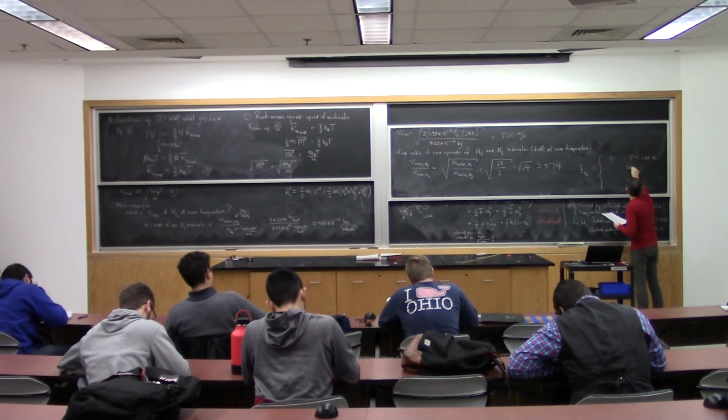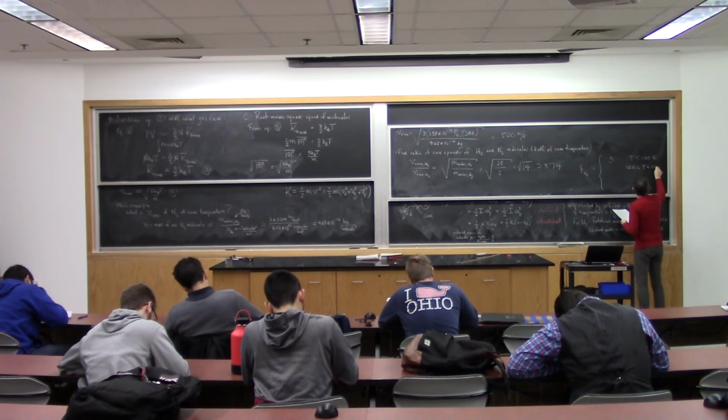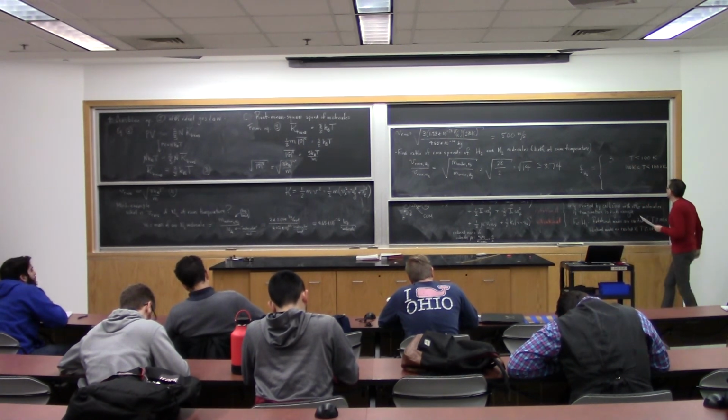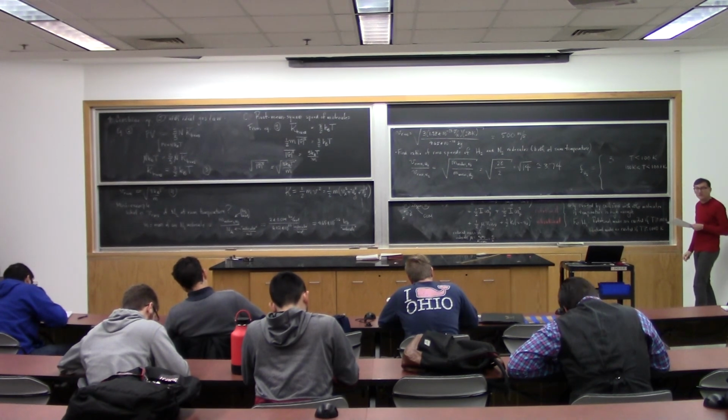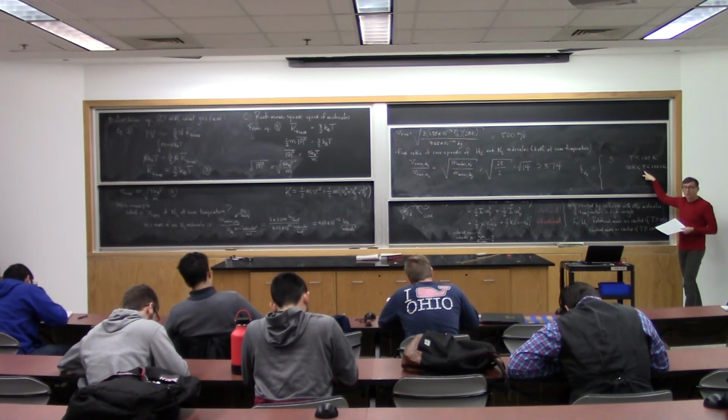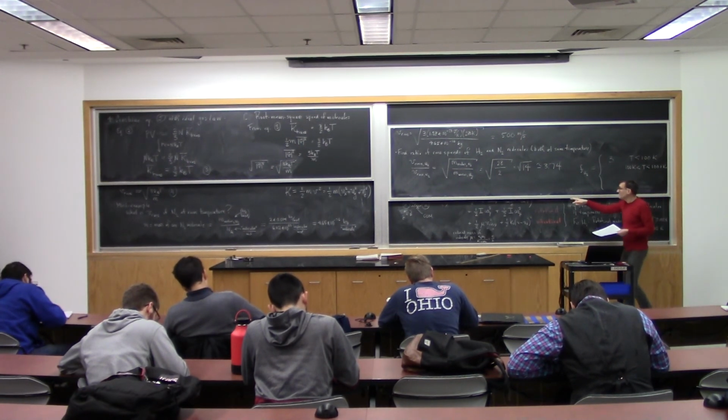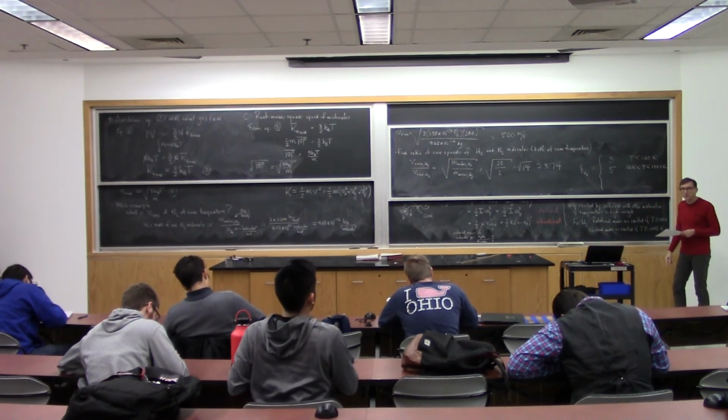If your temperature is between 100 Kelvin and 1000 Kelvin, it's a pretty broad temperature range. It includes, by the way, room temperature, right? Then you've excited translation and rotation, so F equals 5 for H2.